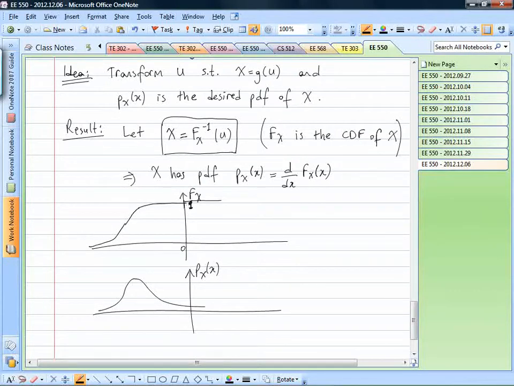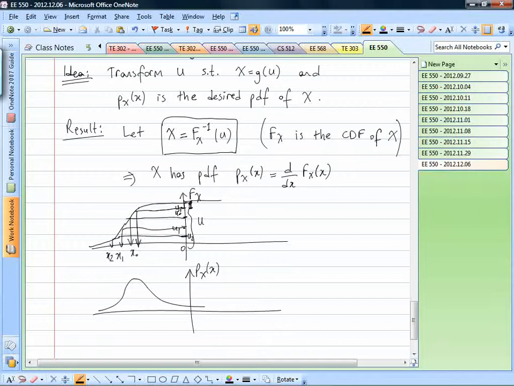If you generate a uniform random variable between 0 and 1, so this is your u values, for example u0 is one of the uniform variables that you generate, and if you look back where it goes through f sub x inverse, you get this x0. Let's say you generate a u1 and see where it goes back, x1, and a u2, it goes back to x2, and then maybe a u3 and this goes back to here.